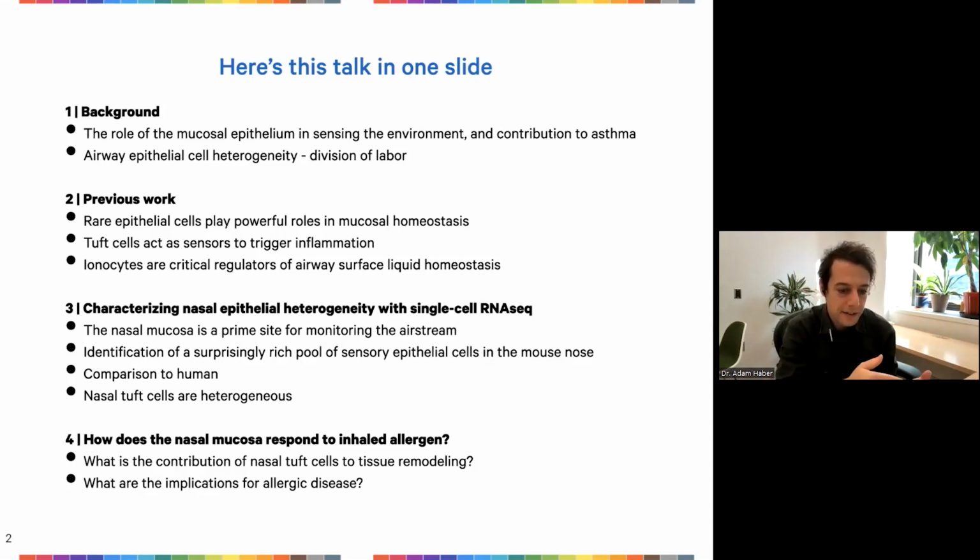And I'll make some comparisons to human and show that in the nose, tuft cells actually have a few subtypes. They're heterogeneous. And we'll look at how the nasal mucosa responds to inhaled allergens in a mouse model of asthma. That's a mold allergen. And look at contributions of tuft cells to tissue remodeling and implications for allergic disease. So this is going to be an overview for what I'm going to talk about over the next 45 minutes.